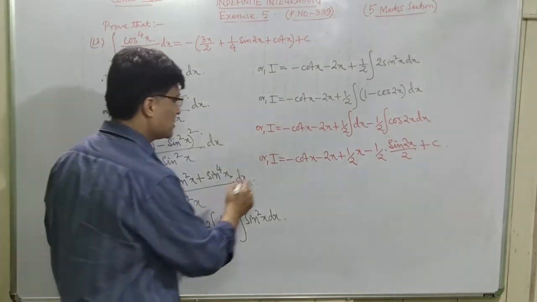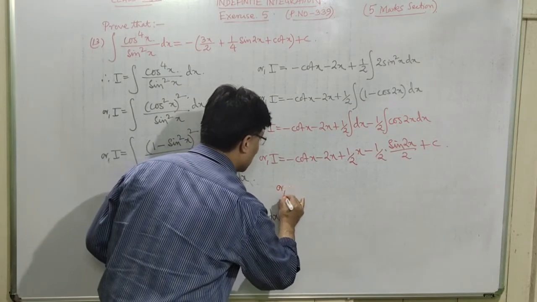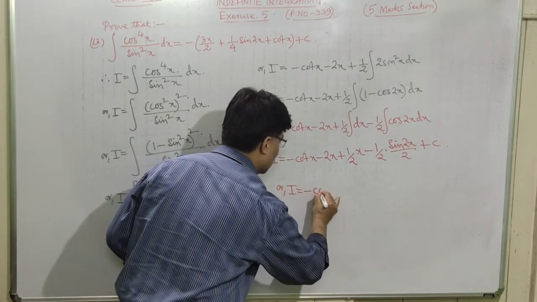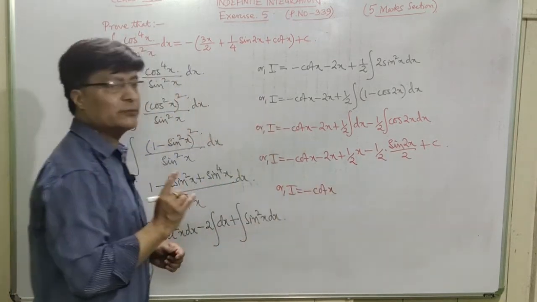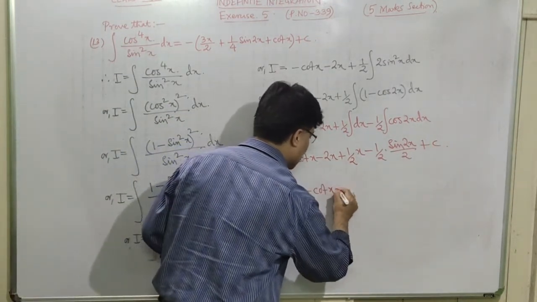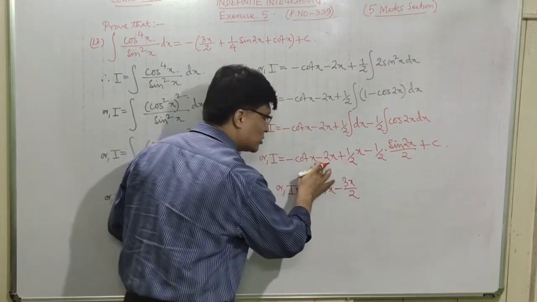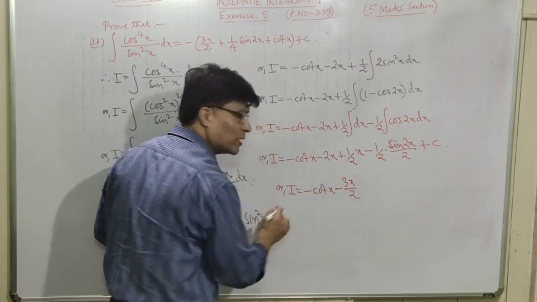Understood? So next, these are the two similar terms, minus 2x plus half x. So I is equal to minus cot x. So what is minus 2x plus half x? Minus 4x plus x, that is minus 3x by 2, isn't it? So 2 into minus 2x is minus 4x, plus x, minus 3x by 2.